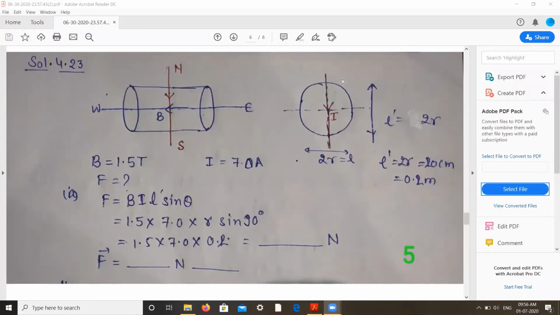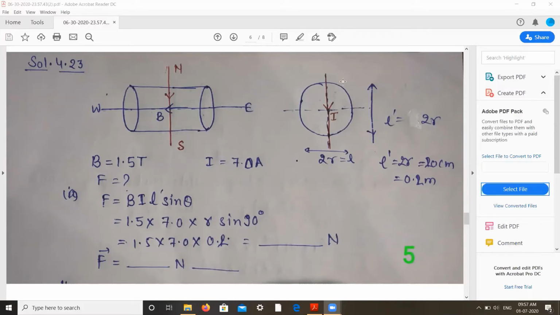I have drawn the north, east, west and south axis, and after that I have taken a cylindrical system which represents the magnetic field line from east direction to west direction, and it is represented with the arrow mark in blue color. Along with this, I have represented a metallic wire which is from north to south direction and it is passing through the magnetic field. For the first case, we have to pass this on the axis, means the central line of that cylindrical body.